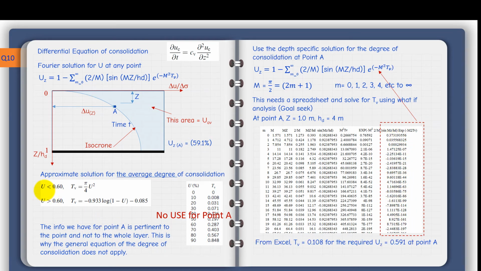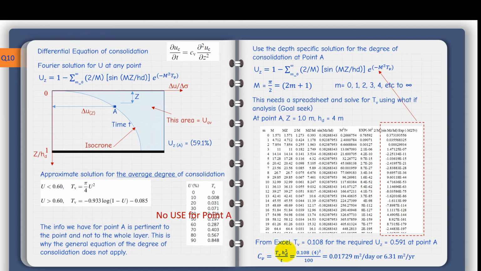It's very, very straightforward. And this will give you a solution that the time factor for point A has to be 0.108 for the required degree of consolidation at point A, which we calculated as 59.1 here. So now I have basically got the time factor Tv, which I can use to work out the coefficient of consolidation.